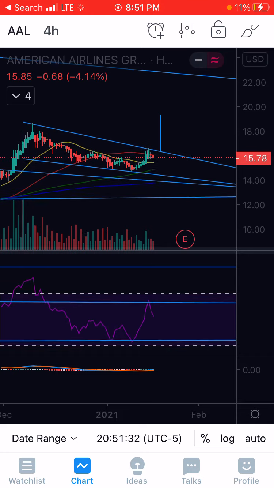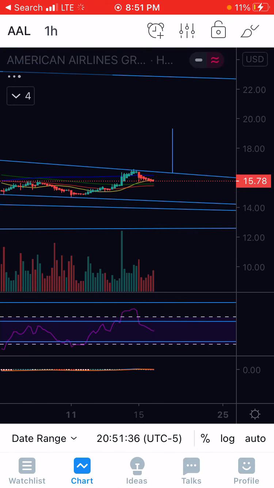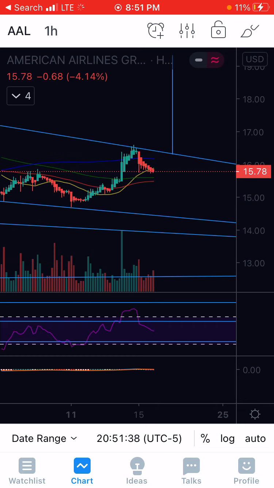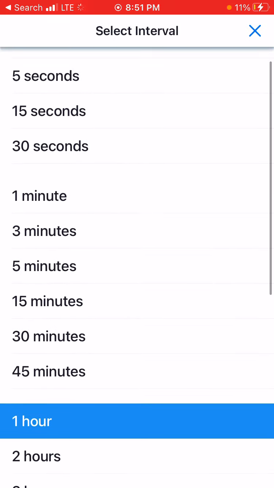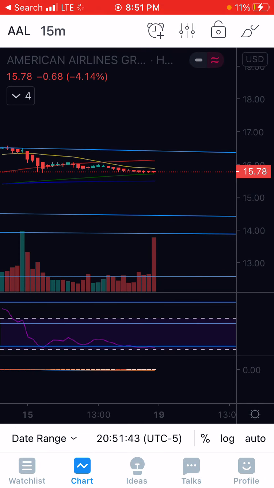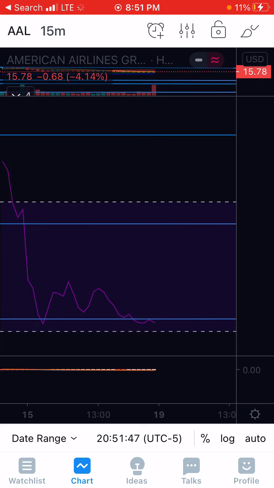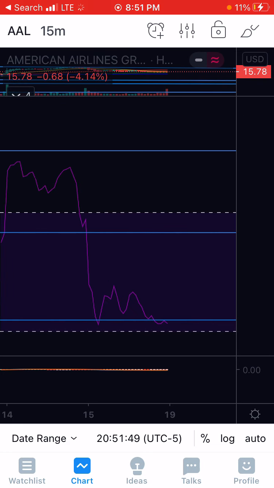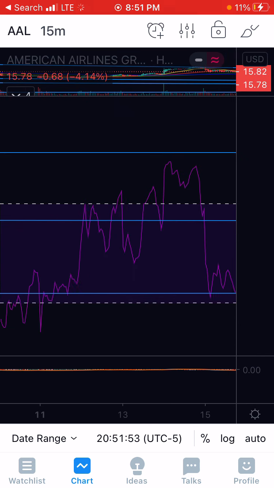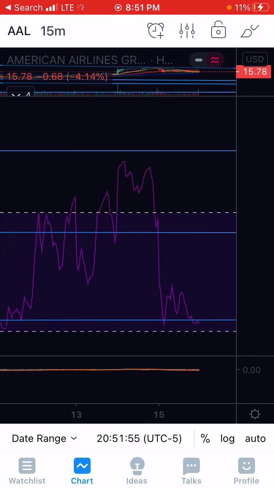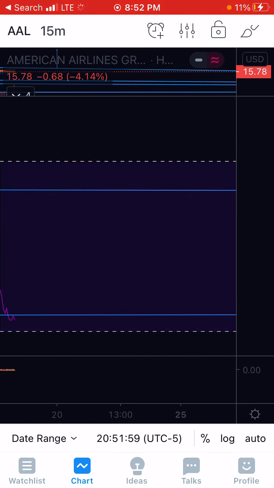And what you want to do in that scenario is look at like an hourly or 15-minute, and you can kind of see ahead of time as the RSI is moving and rolling up or down to see if you get a bounce or not. Which, being way down this low, usually stocks bounce in that general lower range.